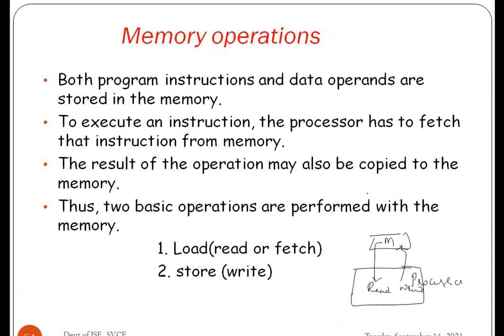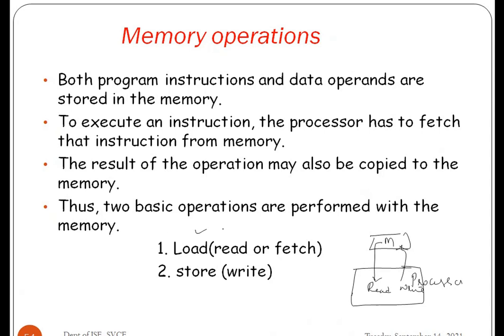The result of operation may also be copied to the memory. The two basic operations performed with the memory: one is load. In assembly language, we have an instruction called load, which is nothing but reading the data from memory to the processor, or getting the data, fetching the instruction.